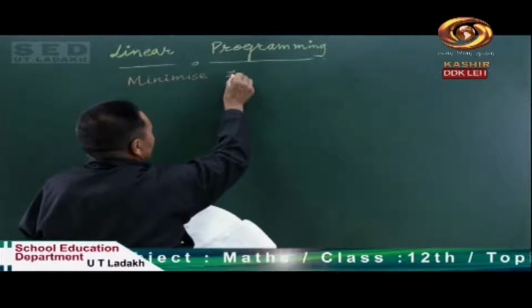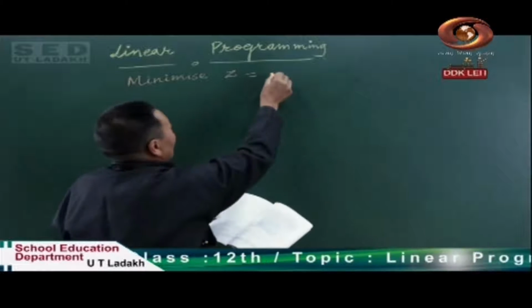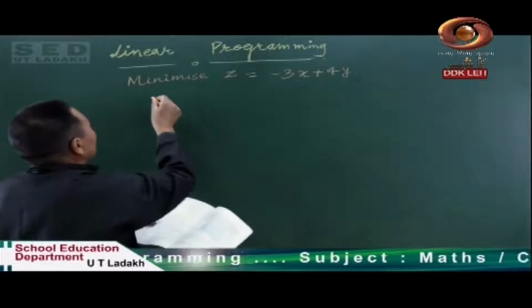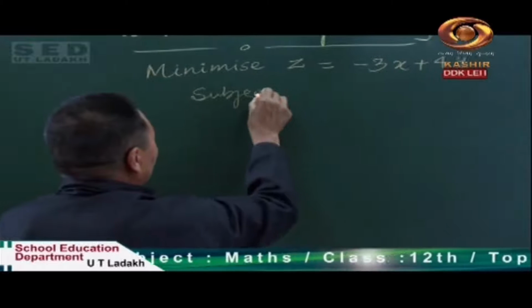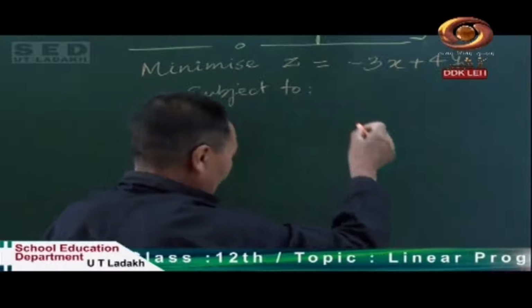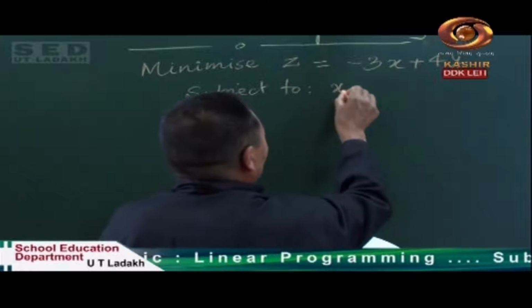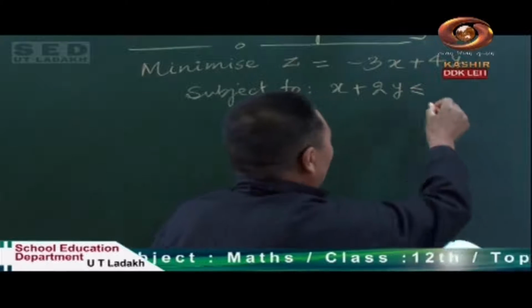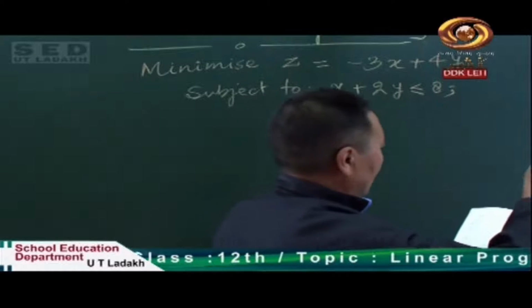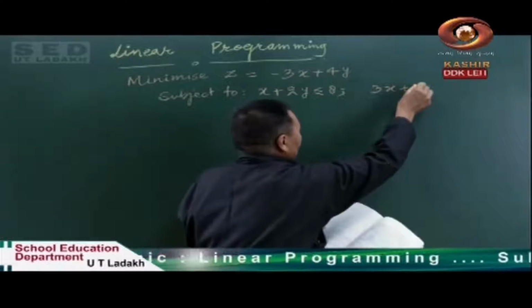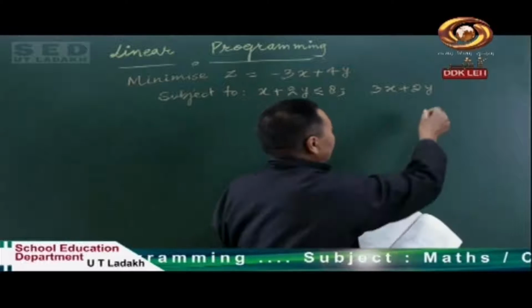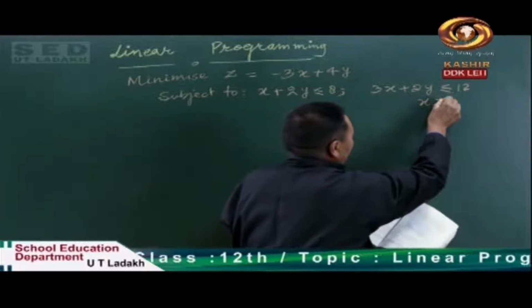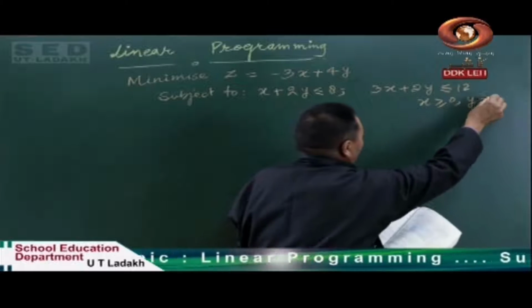Minimize z equal to minus 3x plus 4y, subject to x plus 2y is less than or equal to 8, 3x plus 2y is less than or equal to 12, x greater than or equal to 0, y greater than or equal to 0.